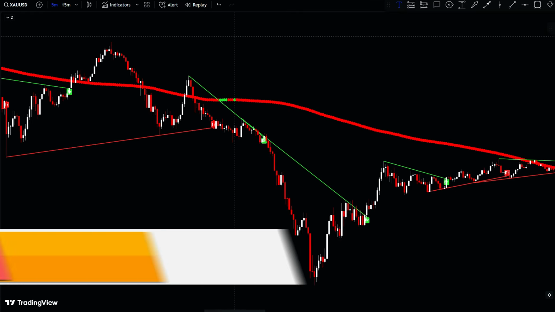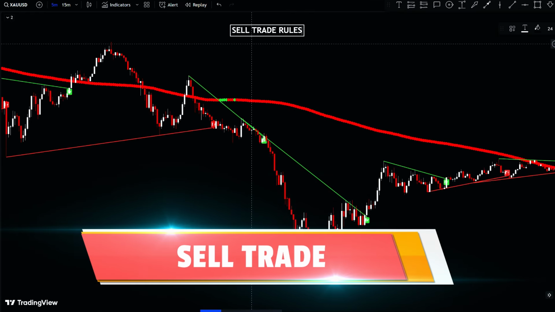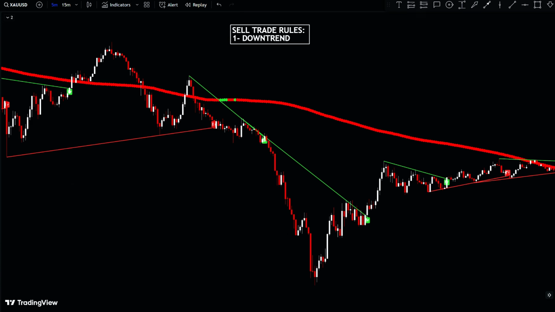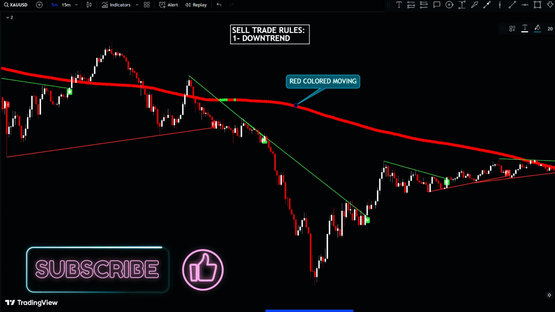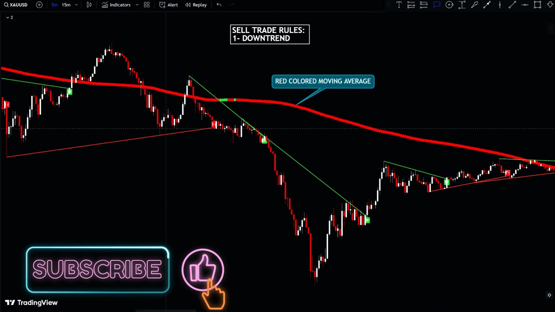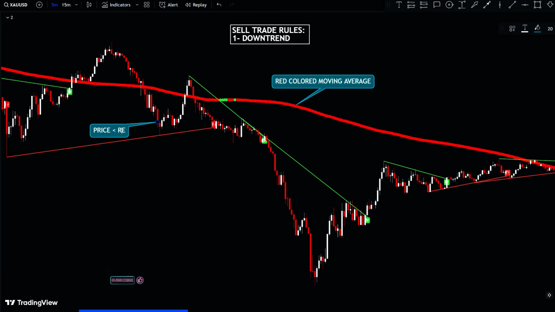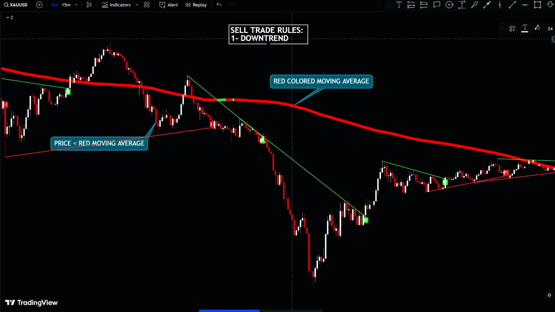And to effectively execute sell trades with this strategy, we'll focus on identifying downtrend price movements while keeping risk management in mind. First, we'll confirm a downtrend by checking the color moving average or CMA indicator. If the CMA is red and the price candles are below it, we'll have the go-ahead for a sell trade.